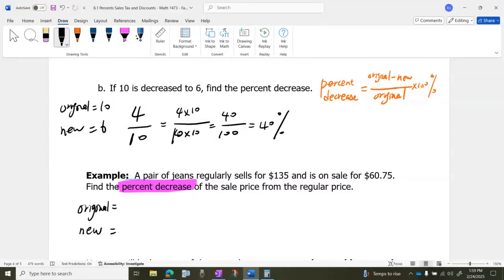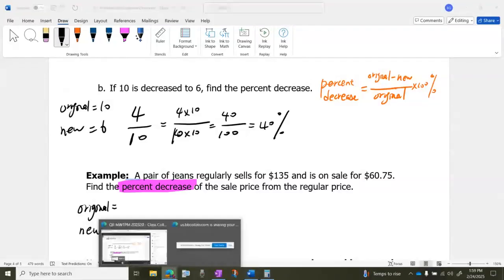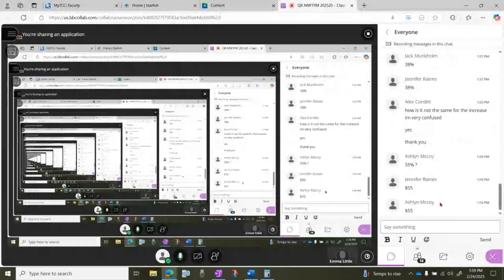You must divide it by original. Let's see what's your answer. The percent decrease is 55. Yeah, Ashlyn is correct, 55%. Your goal is to find the percent decrease.